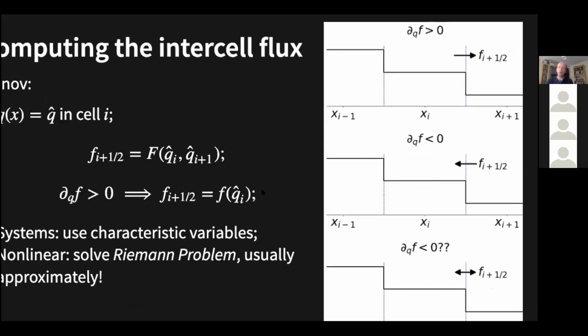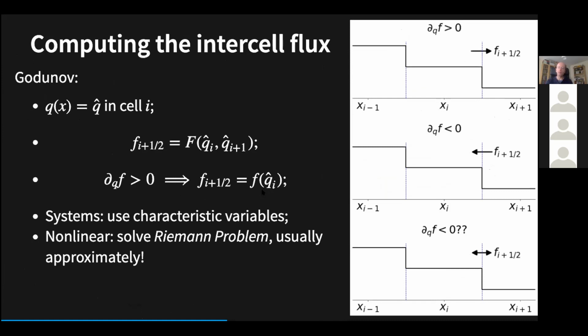And while we know Q everywhere, at an interface we now have two values for the solution, one from the left-hand limit and one from the right-hand limit. So we have to impose or compute what the appropriate solution for future time is for that cell interface. And the way we do that is by appealing to the characteristics.